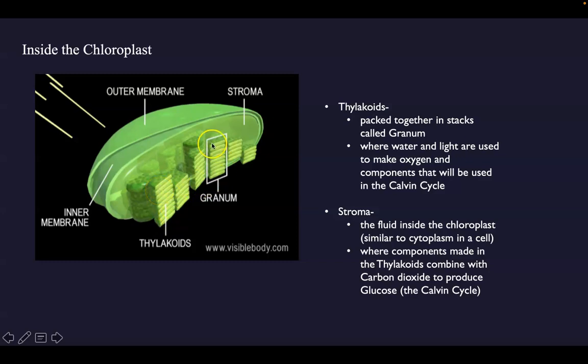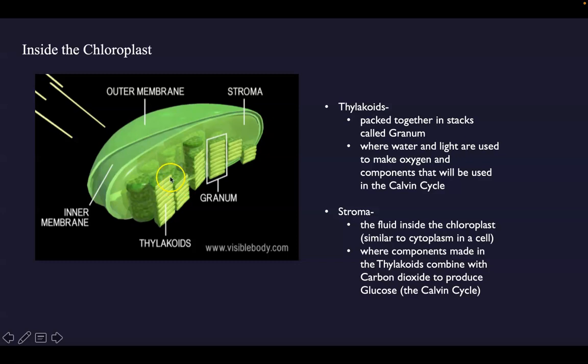When you stack them together and have one stack of them, that's going to be referred to as a granum. And then, much like cytoplasm, there's this fluid-like aqueous liquid inside the chloroplast, and that's called the stroma. So all of our photosynthesis processes are either going to be happening in the thylakoids or in the stroma.